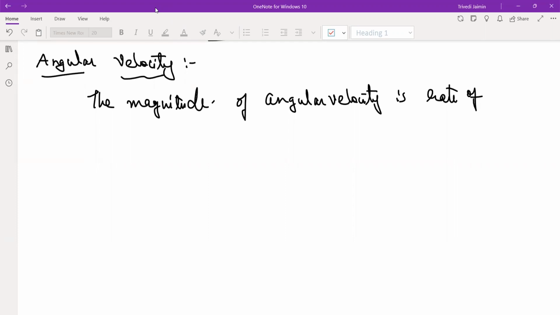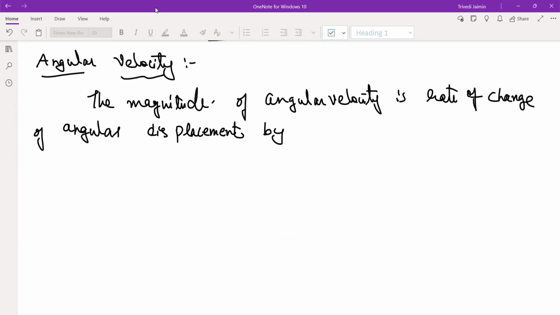So the magnitude of angular velocity is the rate of change of angular displacement with time.